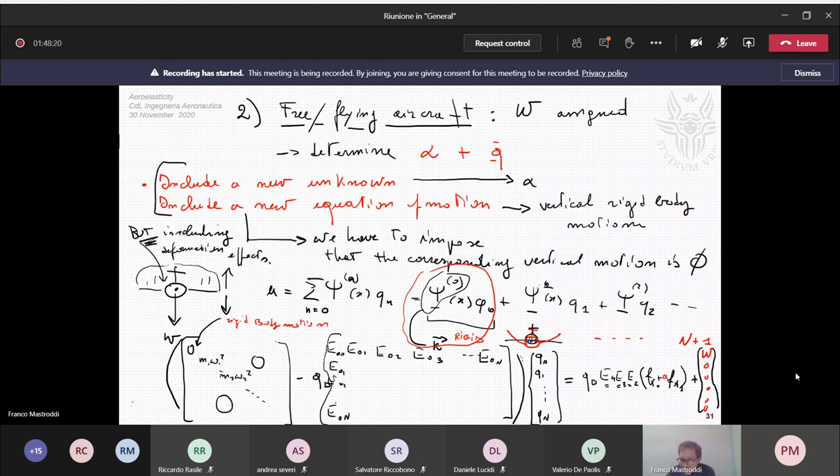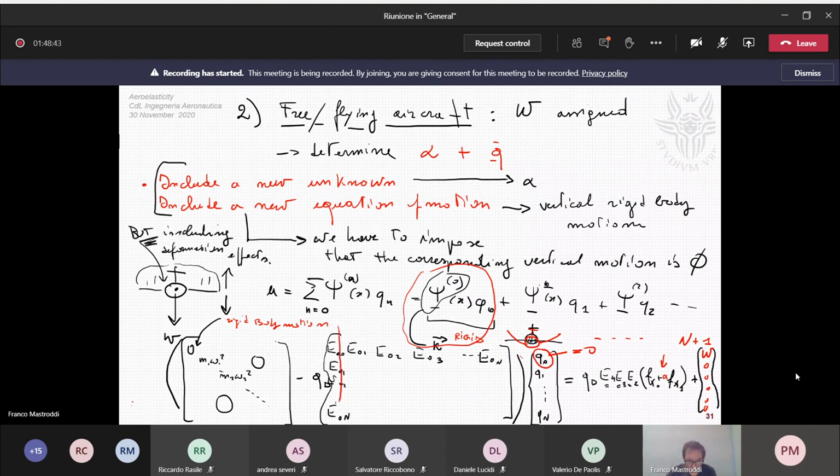The unknown is alpha. And look, the other unknowns are not n+1, because this Q0 is imposed to be 0. So we have 0 here, and this means that we can avoid this column.